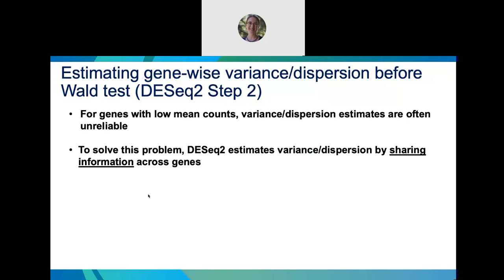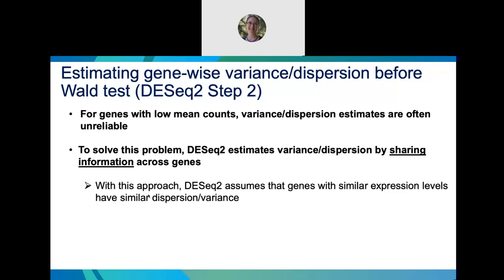And so DESeq2 helps us out by solving this problem through estimating what the actual variance for this gene should look like by sharing information across genes. So if you think about all the genes in a data set, the variance distribution of each gene is going to be similar across samples as long as those genes have similar expression levels.